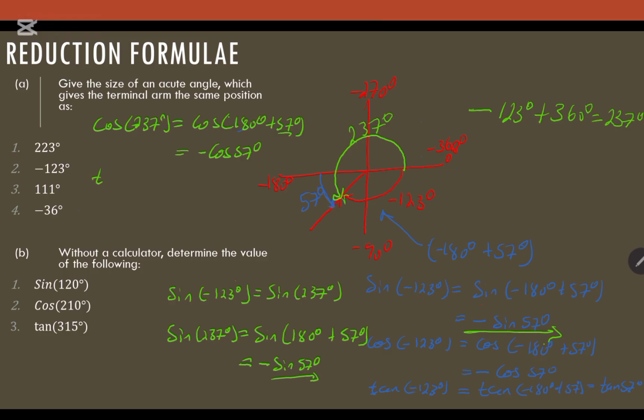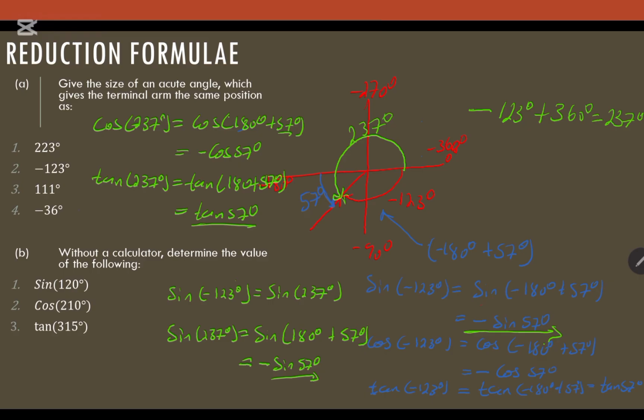Lastly, if we look at tan of 237 degrees, this is equal to tan of 180 degrees plus 57 degrees. Now this will simply give us tan 57 degrees. So this angle is found in the third quadrant, and in the third quadrant only tangent is positive.